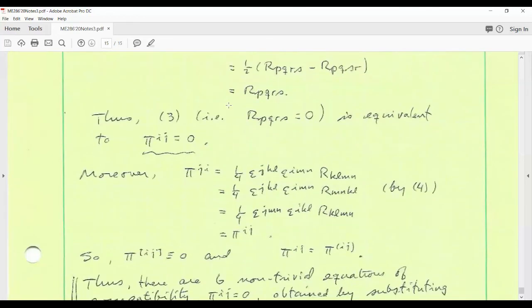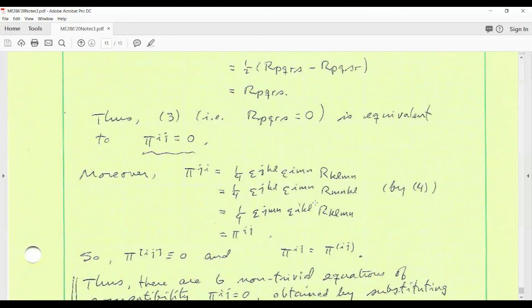So I do that down here. I just interchange the i and the j, nothing else. So I have this. Now I can invoke the major symmetry of the R tensor to replace KLMN by MNKL.